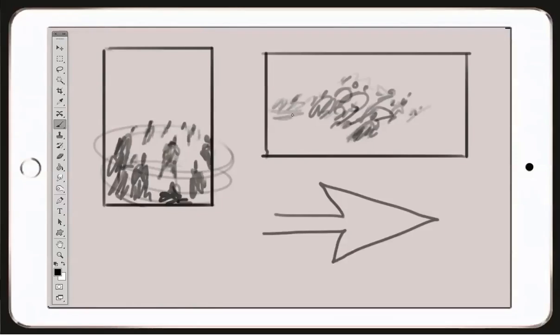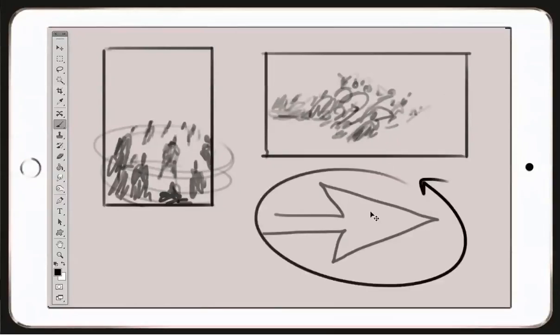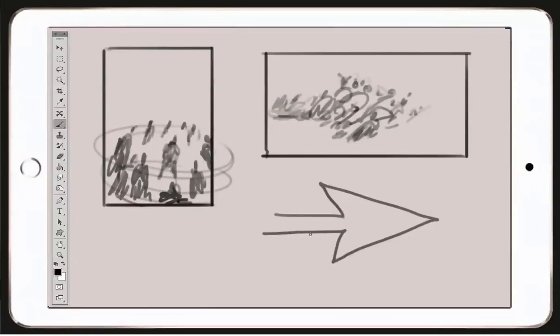And they don't all have to be figures. You could have some other things mixed in there. But you get the feeling that they're all rushing toward the right because the arrow is pointing toward the right. It's a great concept for getting this message across of speed and movement toward the right.